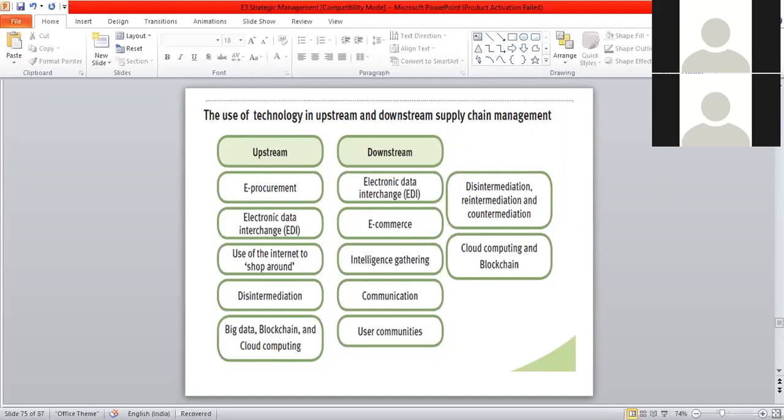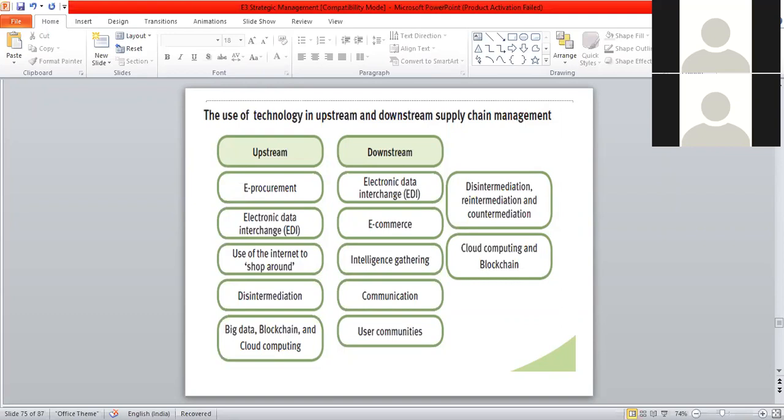When the middlemen or the intermediaries are involved, we call that disintermediation. Eliminating the middlemen from the sequence of activities is called reintermediation. Disintermediation, reintermediation. Big data, blockchain, and cloud computing are the other things.